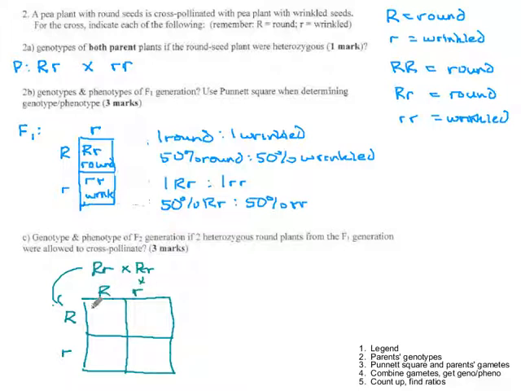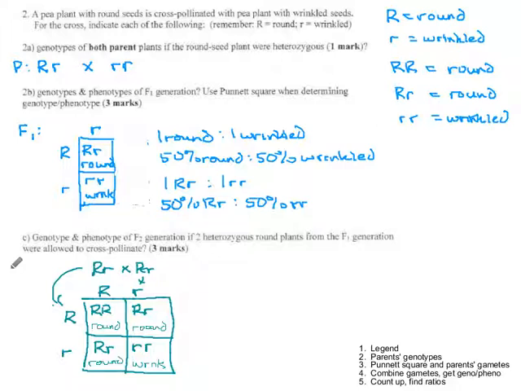And that means the kid pea plants can be big R, big R. This one is big R, little r. This one is little r, big R, but remember to switch the order. And this one is two littles. And for phenotype, we get round, round, round one more time, and even with this pointier pen, I'm still going to use the short version of wrinkled.